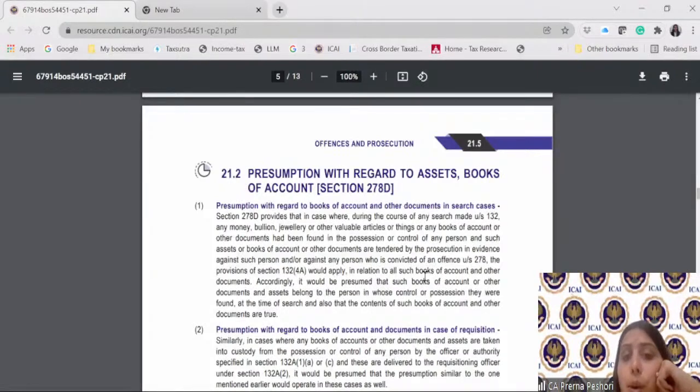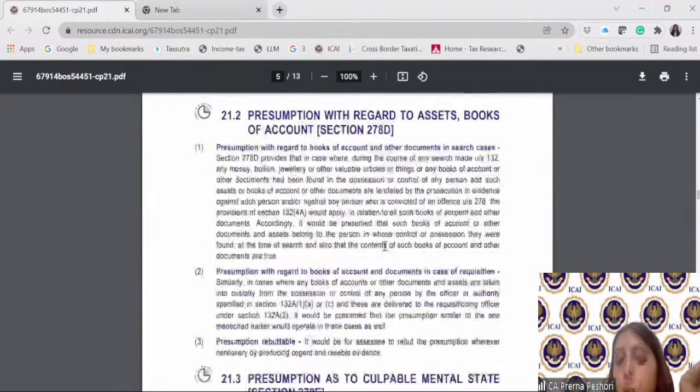It provides that where during the course of the search, any valuable article or books of accounts are found in possession of any person, and such books of accounts are tendered as evidence during prosecution against such person, it will be presumed that these books of accounts or valuables in the possession of that person at the time of search belong to that person, and the contents of the books of accounts are true.